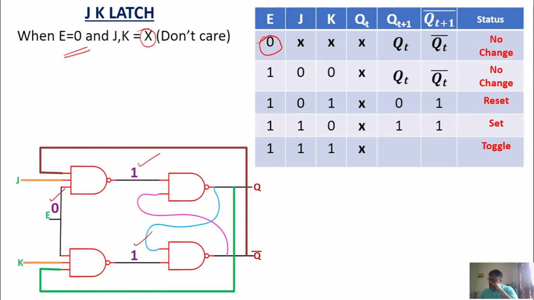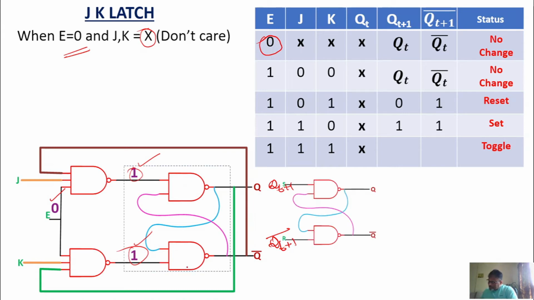Now what will be the Q(t) and Q(t+1) and Q(t+1) bar? Whatever Q(t+1) and Q(t+1) bar are depends on the Q(t), right? Now see, the moment you get 1 here, this part of this JK flip-flop is your NAND SR latch, yes or no?